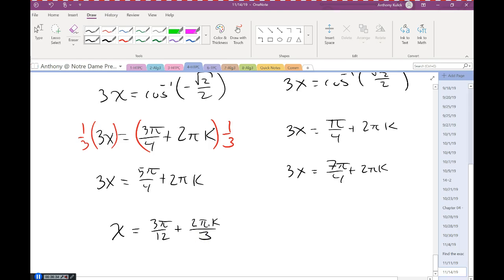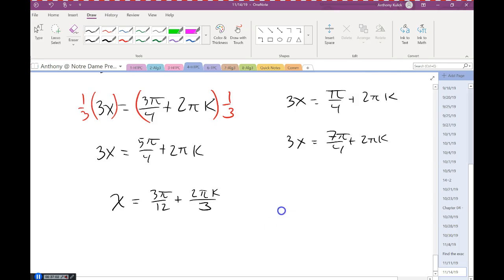Now, I recognize that 3 pi over 12 can be reduced, and I will reduce it in my final answer, but it makes the adding fractions part a little bit easier if I just stick with everything having the same denominator. All the rest of these are going to have denominators of 12. We'll clean it up at the very end, but I think it's easier to just do it in one stroke here.